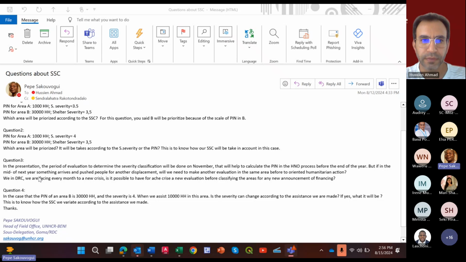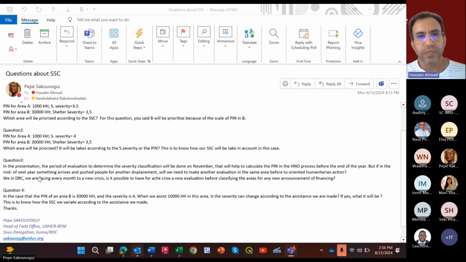So for us, it will be very difficult if the right decision is to go again to the field to make the evaluation again before sending OCHA our classification of the vulnerability of the area. That is the third question.